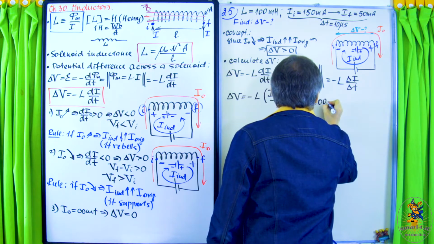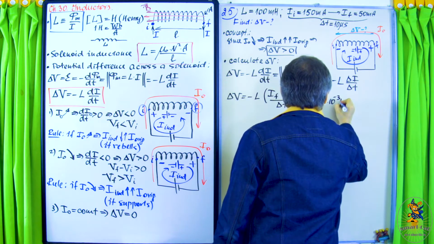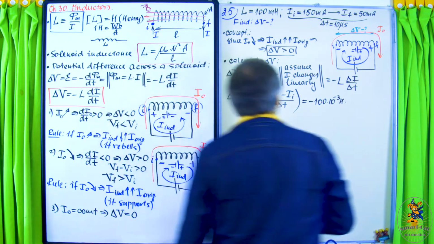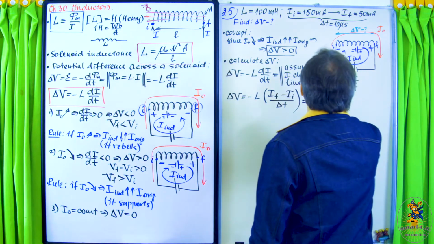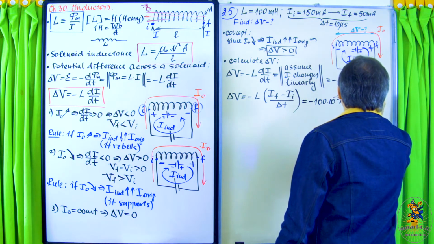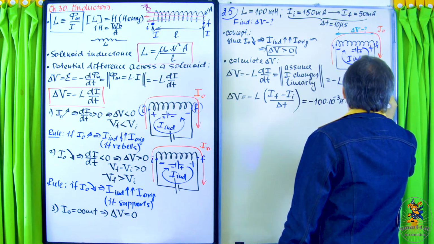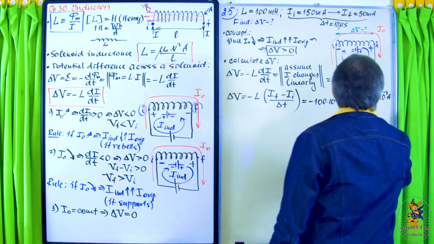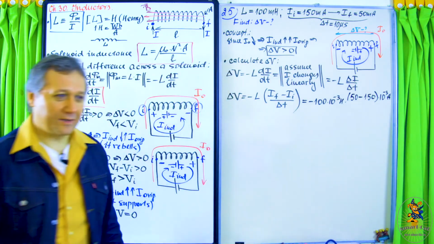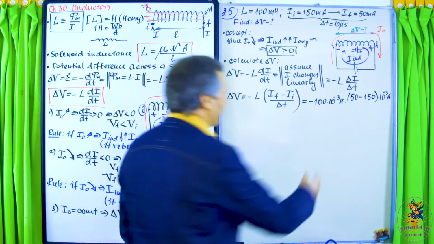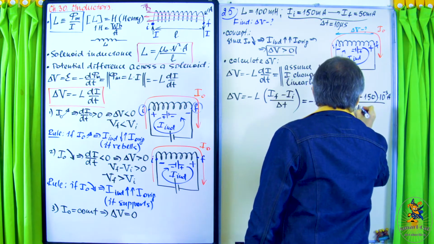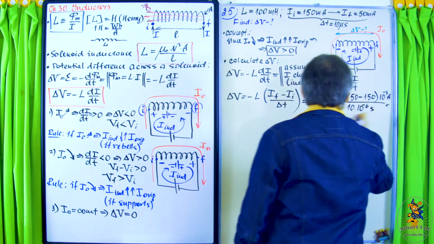Minus 100 times 10 to the power of minus 3 henry, the value of inductance, and then in brackets final 50 minus 150, and the milliamps I will take outside of the bracket. So the milliamps I factored out. And divided by delta t, which is 10 times 10 to the power of minus 6 seconds.